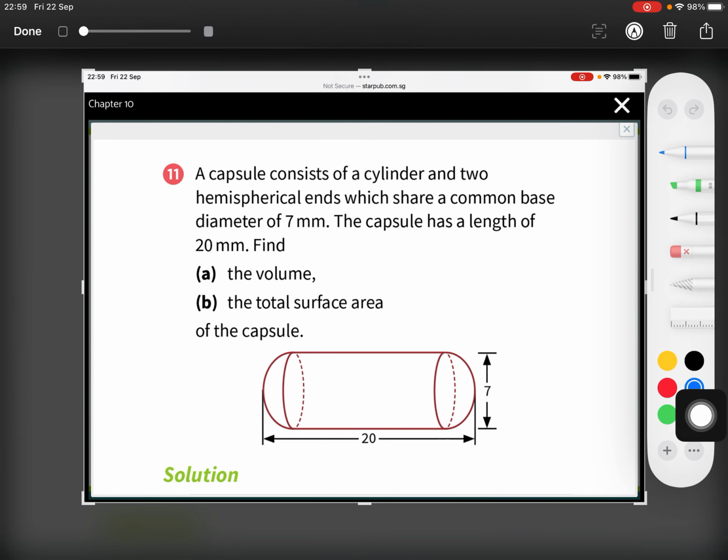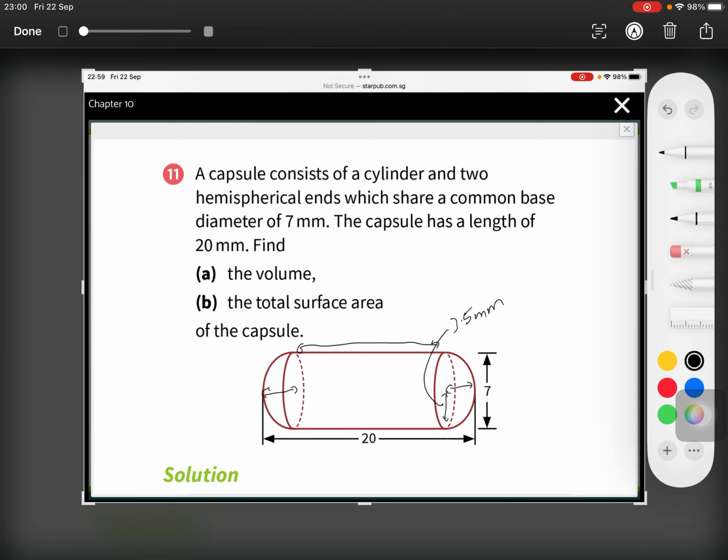So this means that over here the radius is 3.5 mm. Some of you wonder, then how do I know what is this length of your cylinder? Key thing to take note of, for a sphere, the radius is the same in any direction. It measures from the center.